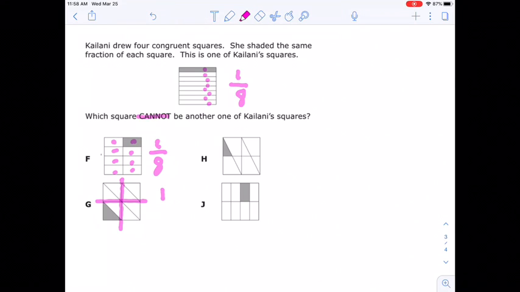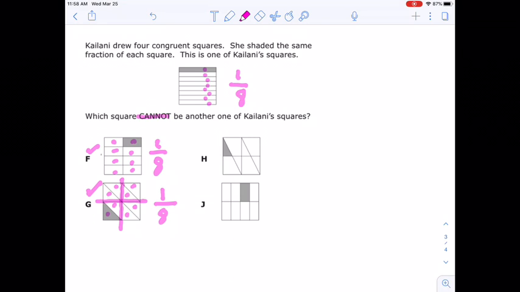So Kailani has 1 out of how many parts in her square for answer choice G? Well, there's 1, 2, 3, 4, 5, 6, 7, 8. So the shaded part is 1/8. Remember, we're looking for the one that cannot be her square. So far, her original square, the shaded part represented 1/8. F represents 1/8. G represents 1/8. So we have not found the one that does not represent 1/8 yet.